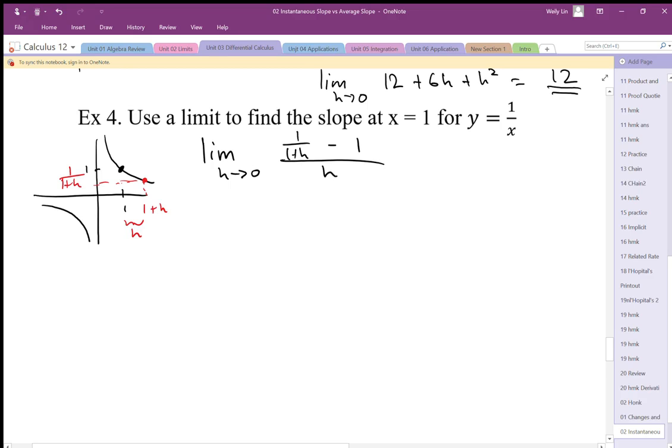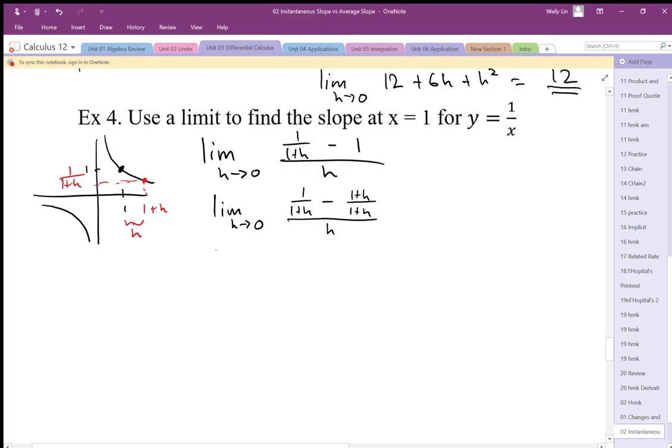Now to get rid of the divide by h, we need to get a common denominator here. So I'm going to end up with 1 over 1 plus h minus 1 over 1 plus h over 1 plus h. So that's going to be 1, all divided by h.